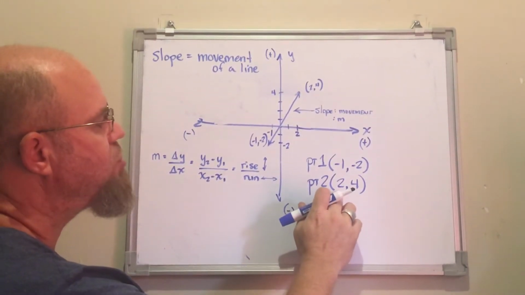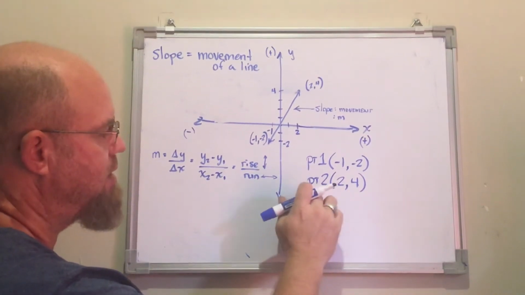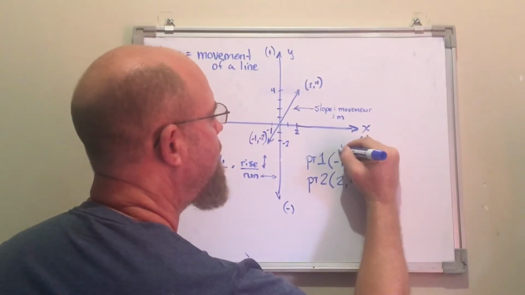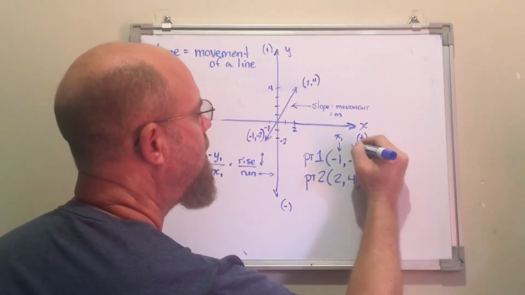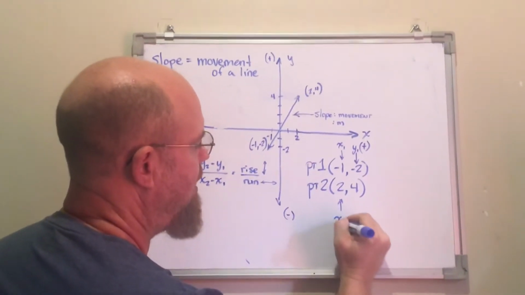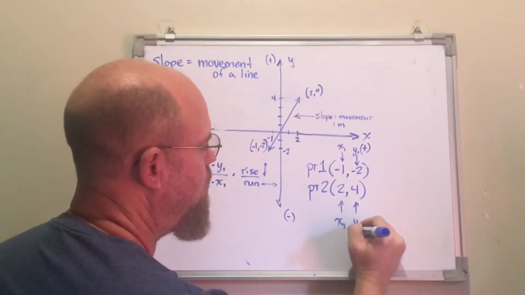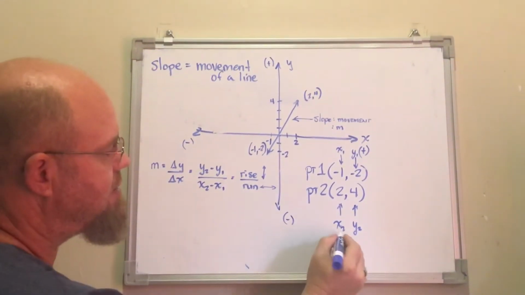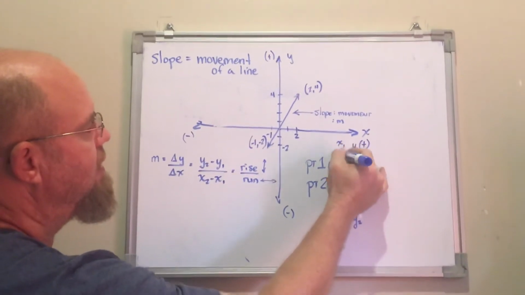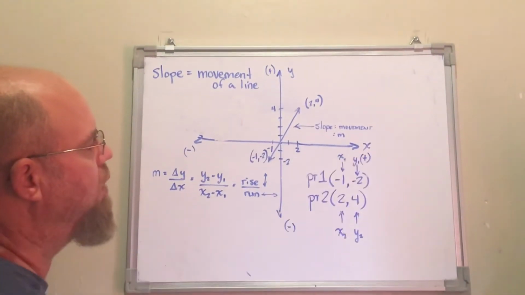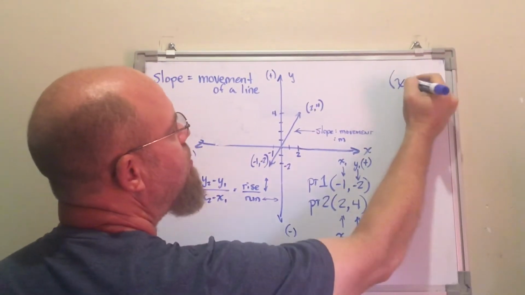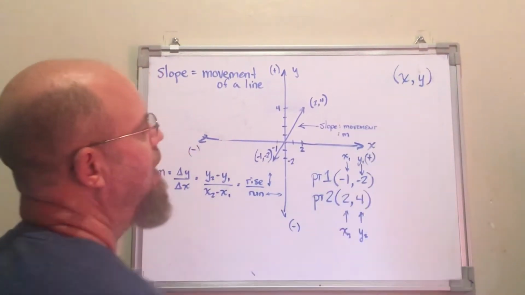We know that x2, because that's in point 2, is 2, and y2 is 4. So this is x1, this is y1, this is x2, and that is y2. Because the 2 is from what point it is. That's point 2, right? And this is point 1, so it's x1 and y1. Okay? And remember, in any point, the x value comes first and then the y value. Okay?